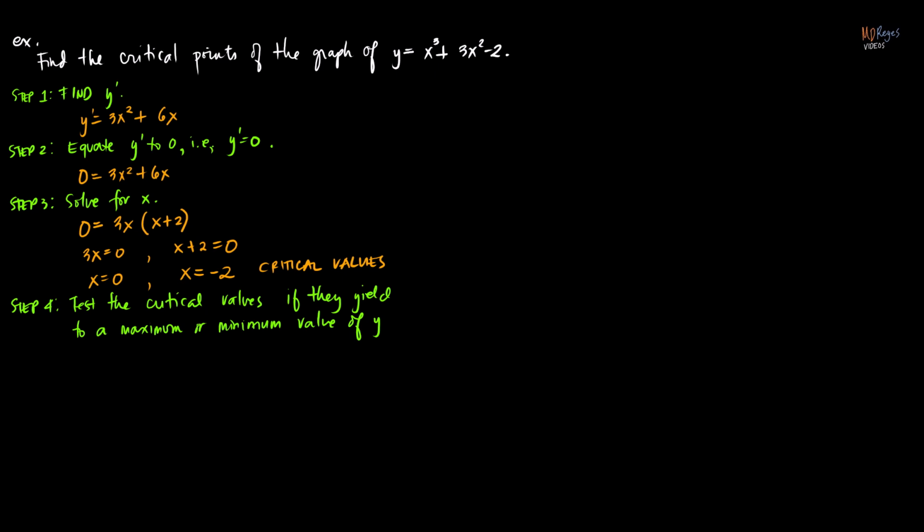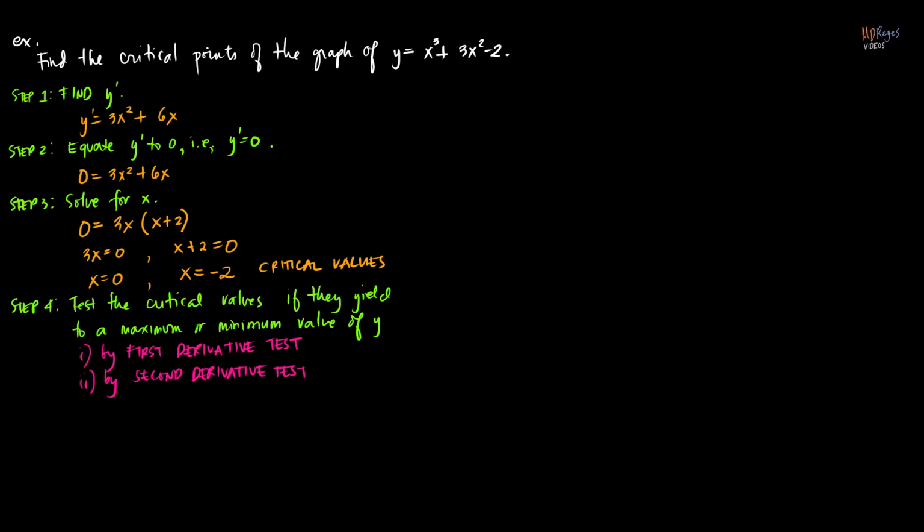Now there are two tests that we can use. The first one is the first derivative test. The second one is the second derivative test. Now, the second derivative test is the easier one, but it doesn't always work. So it doesn't work for some functions. Later on, you'll learn about it.